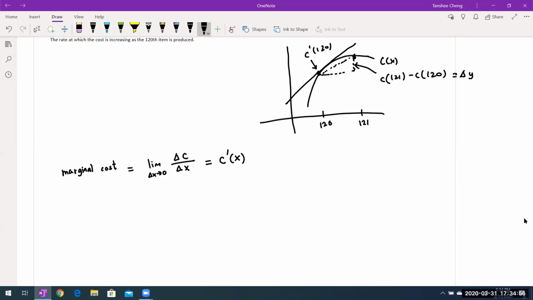To be more precise, the marginal cost is the instantaneous rate of change of cost with respect to the number of items produced.